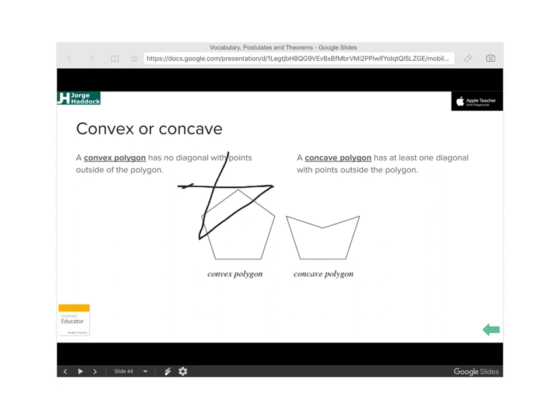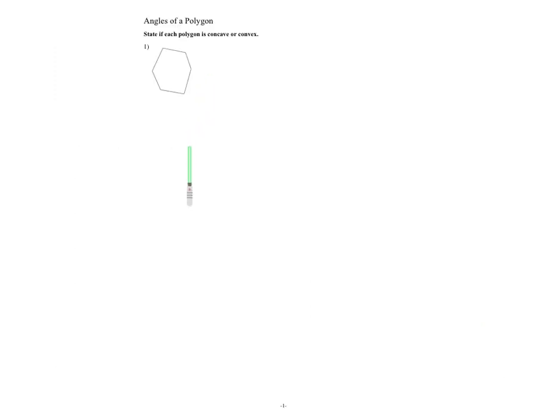Remember that a diagonal is a segment that has endpoints at two non-consecutive vertices. A concave polygon has an interior angle that caves in. So if I continue those two lines, they're going to have points in the interior of the polygon.